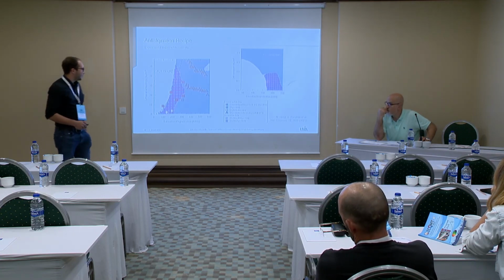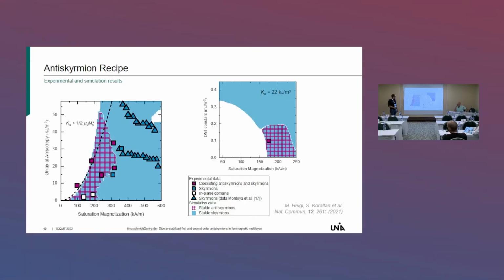I skipped that part a little bit. We also measured the DMI constant, and it's pretty low. Apparently, the insertion of the iridium layers did provide us with some DMI, but not as much as we thought it would.